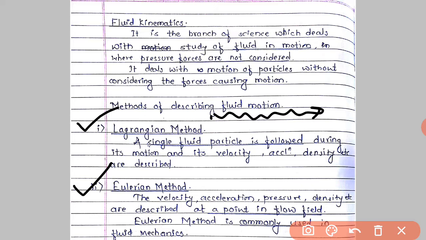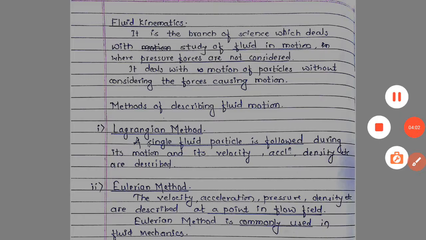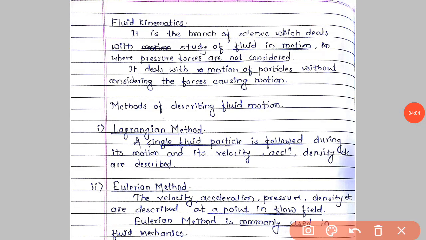In the Eulerian method, we describe the fluid at a point in a flow field. So the Eulerian method is commonly used in fluid mechanics. This is all about fluid kinematics, different methods of describing fluid flow: the Lagrangian method and the Eulerian method.